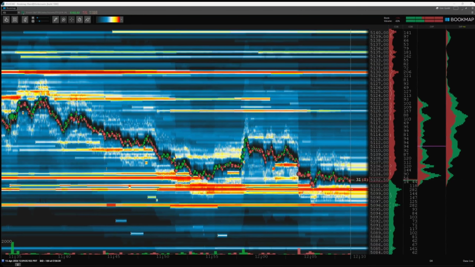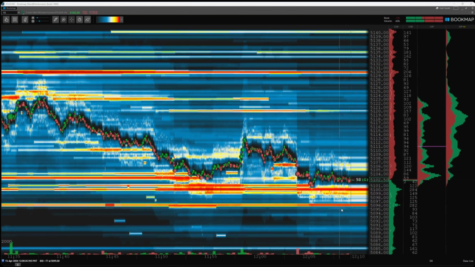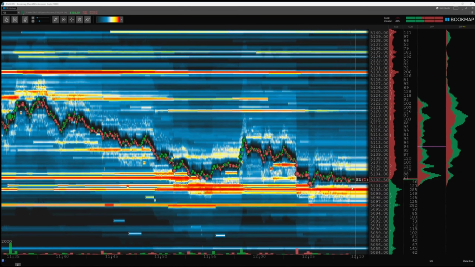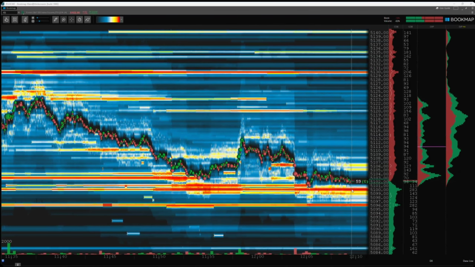So when you're trading, say you got into a contract and you're targeting these lower levels. When you get here, right around here, not here, but here, you should be taking your profit, right? Because these are essentially buyers waiting to get filled.